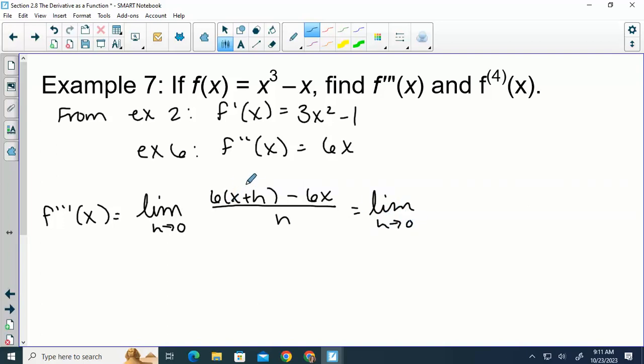So if we distribute our 6x, it is canceled, so we have 6h over h. And so we just get 6 for the third derivative.